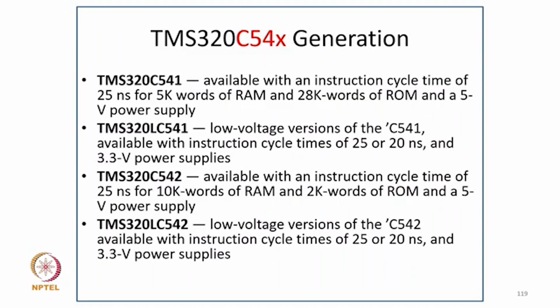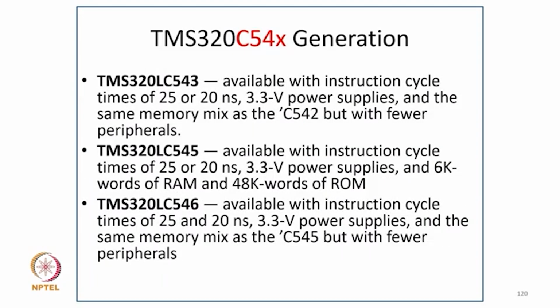And TMS320C542, available with an instruction cycle time of 25 nanosecond, 10K words of RAM and 2K words of ROM and a 5 volt power supply. And TMS320LC542, a low voltage version of the C542, available with instruction cycle times of 25 or 20 nanosecond and a 3.3 volt power supply.